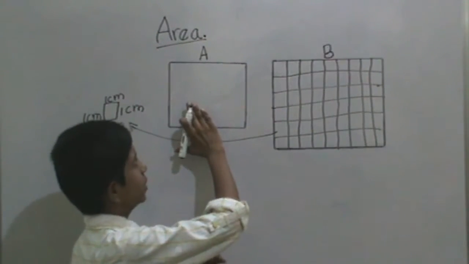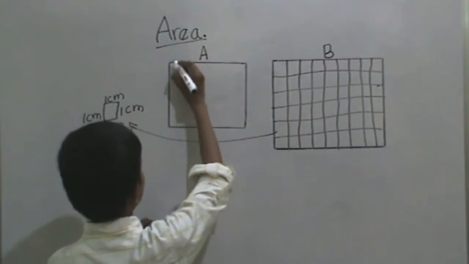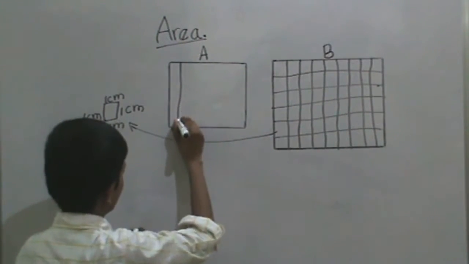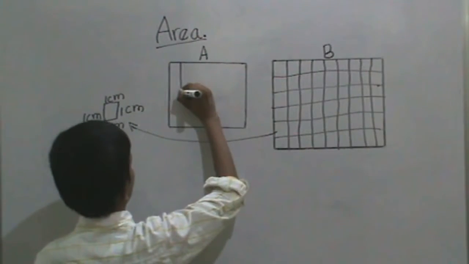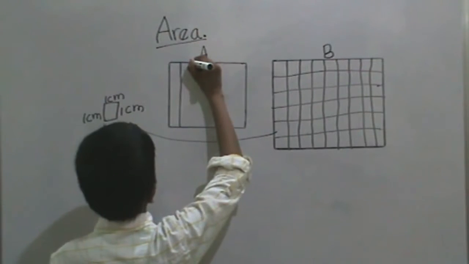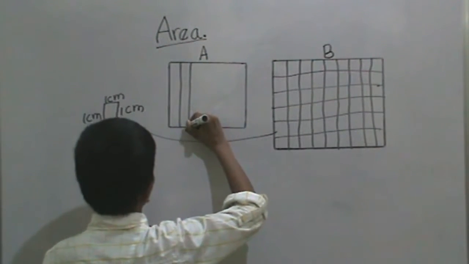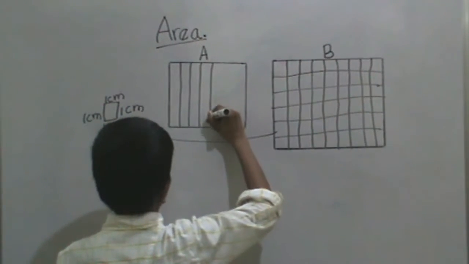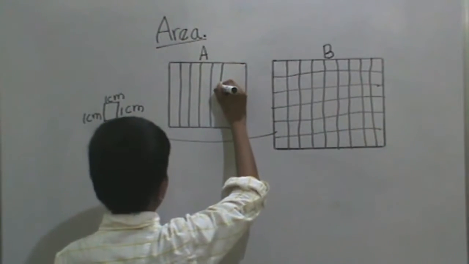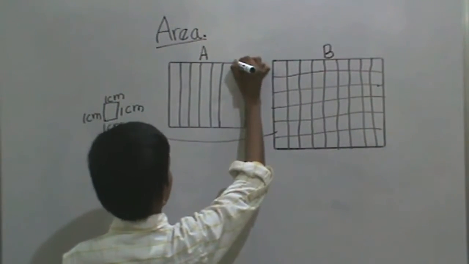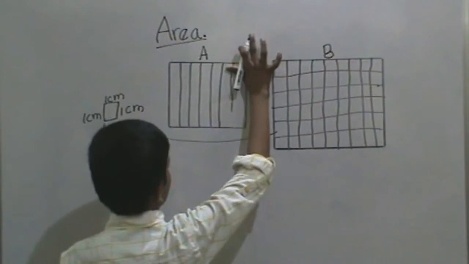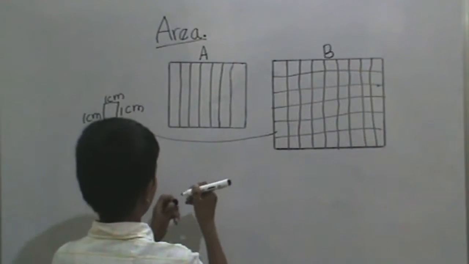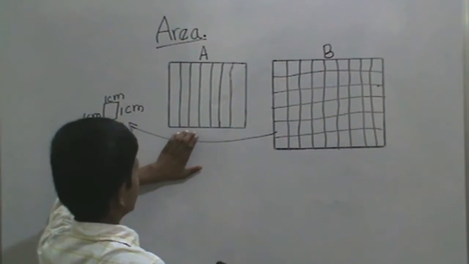Now let us divide this rectangle A into centimeter boxes, centimeter squares. If you divide vertically, it looks like this.